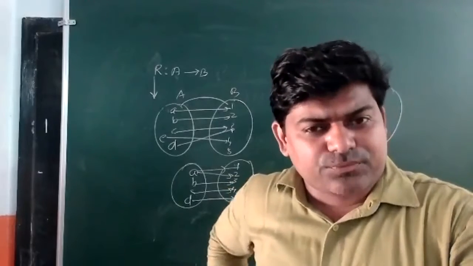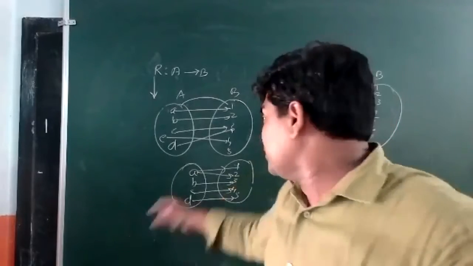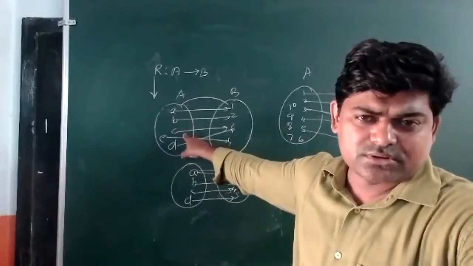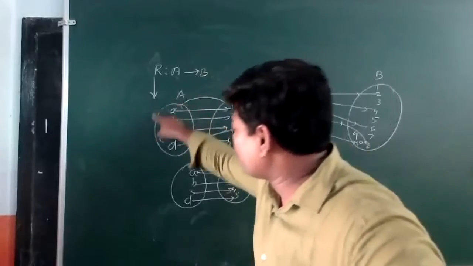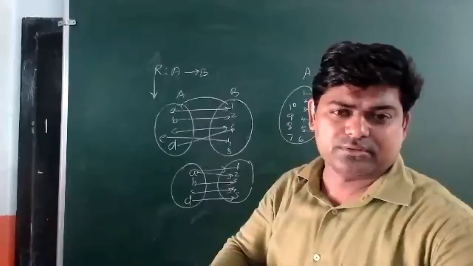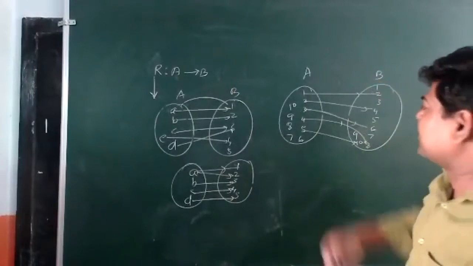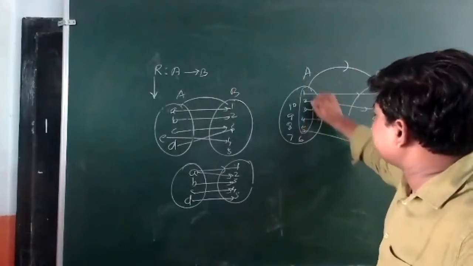Domain is the set of values of x for which the function is defined. So for every value of A for which this function is defined, then only it is called a function. Am I correct? So in the function, that whole A will be called the domain. You must have seen on the previous page, in a relation, when I wrote the domain, only a few elements of A were there.